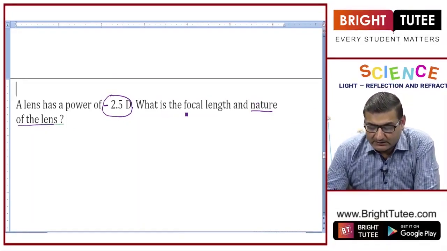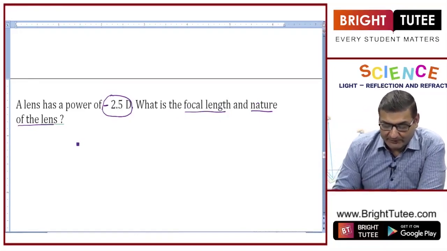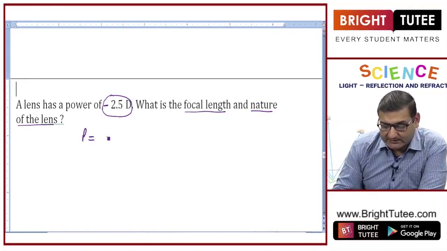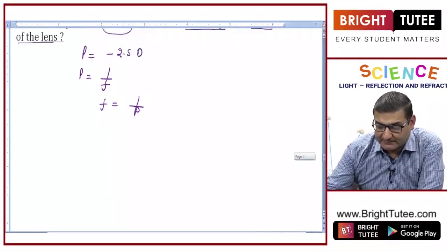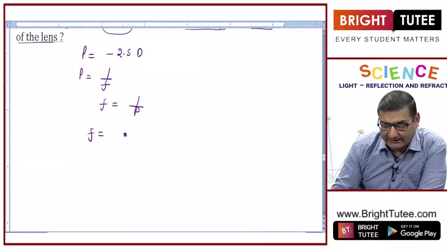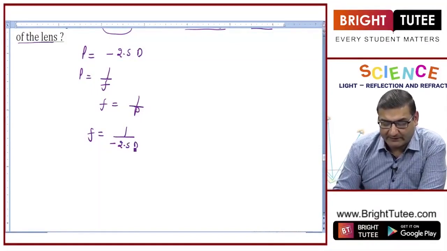Now, what is the focal length? We know that the power is given as minus 2.5 diopters, and since power is 1 upon focal length, therefore, I will say that focal length is equal to 1 upon power. Putting the value in this formula, I will get the focal length is equal to 1 upon minus 2.5 diopters.